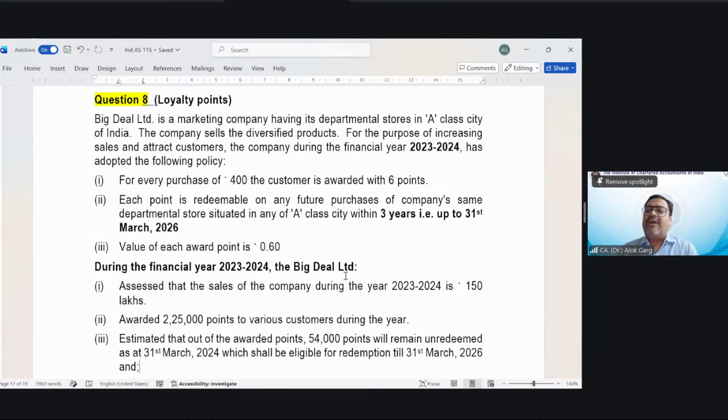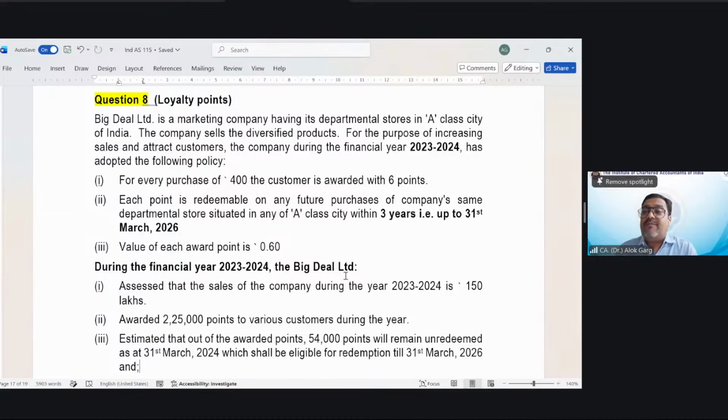The story of reward points began from the airlines. When you buy a ticket from an airline company, you have to pay the price of the ticket, and the airline company also gives you some loyalty points.